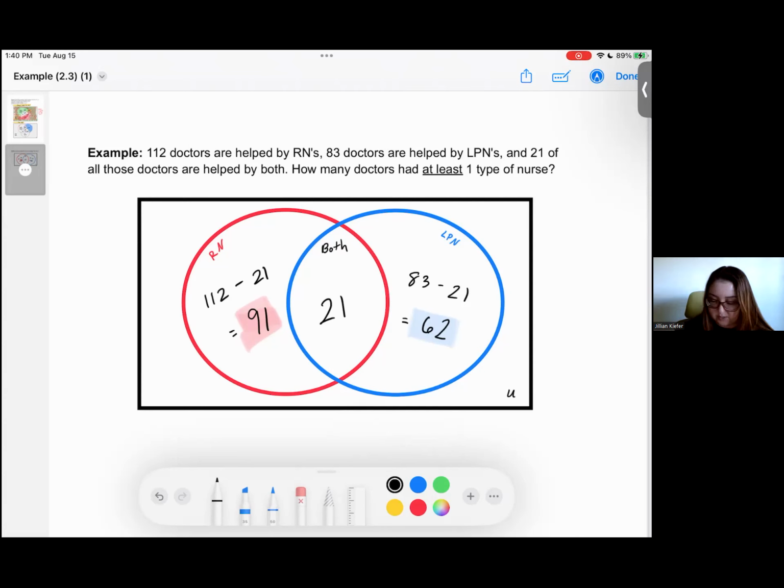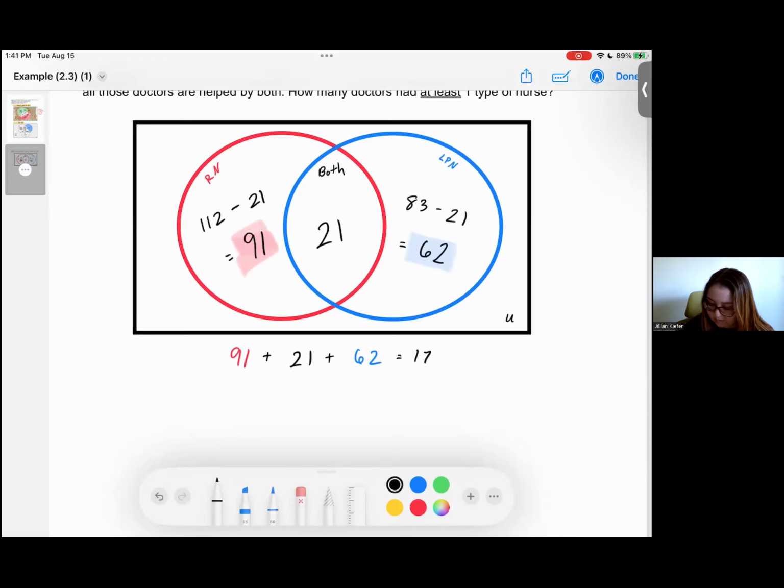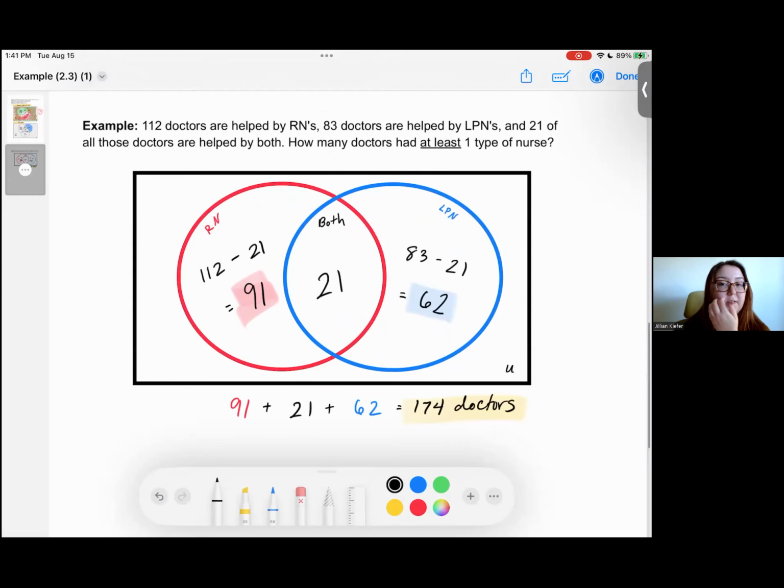So at least one type of nurse would be 91 plus 21 plus 62. We add up those numbers and we get 174 doctors. So our answer would be 174 doctors.